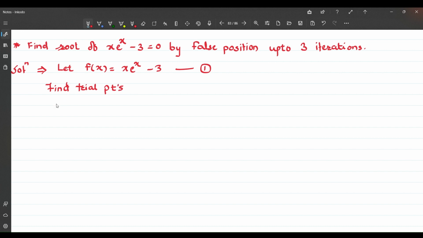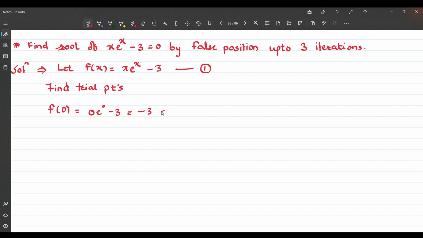So f of 0 is 0 into e raised to 0 minus 3. On your calculator, there is one button for e raised to x. So on the calculator you can solve this. e raised to 0 is 1, but into 0 is 0, minus 3.